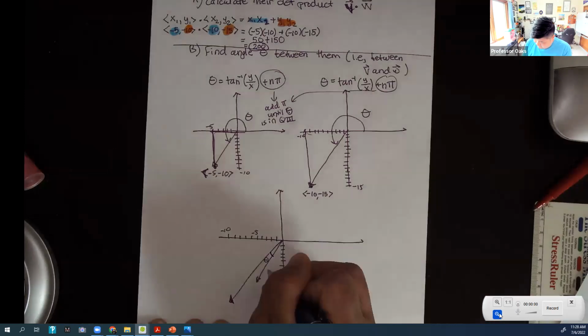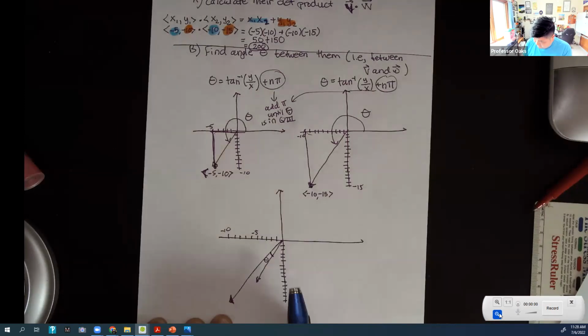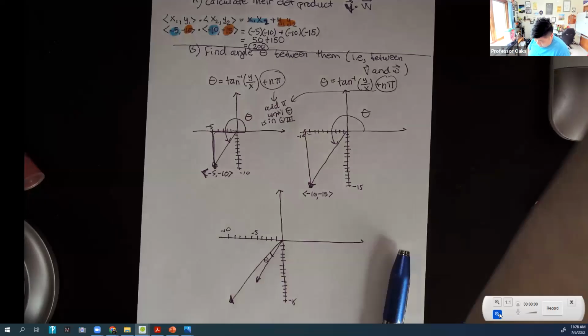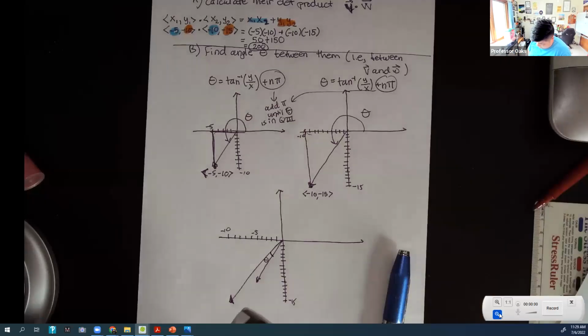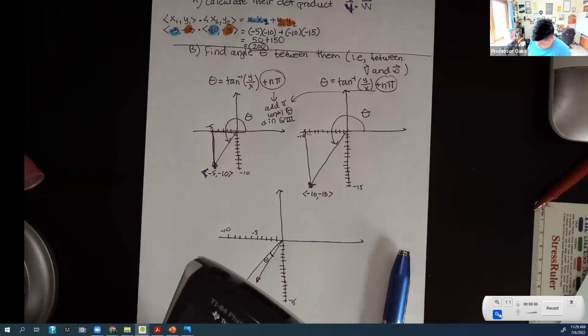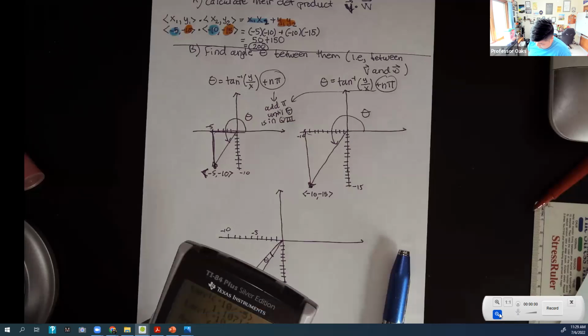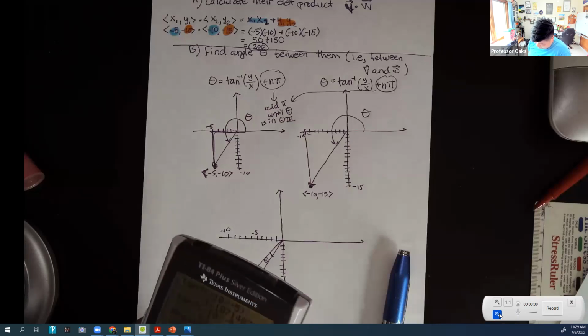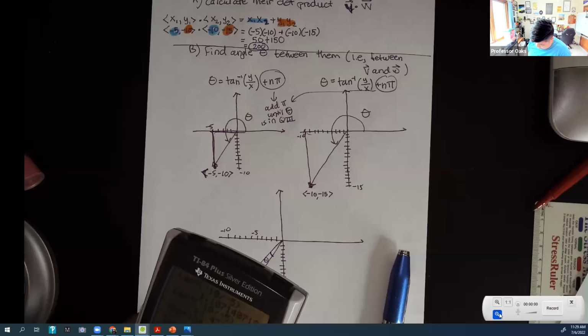Let me double check, because I don't trust my hand drawing. I'm double checking my drawing, not the actual calculation, just the drawing, because I don't trust what I drew.